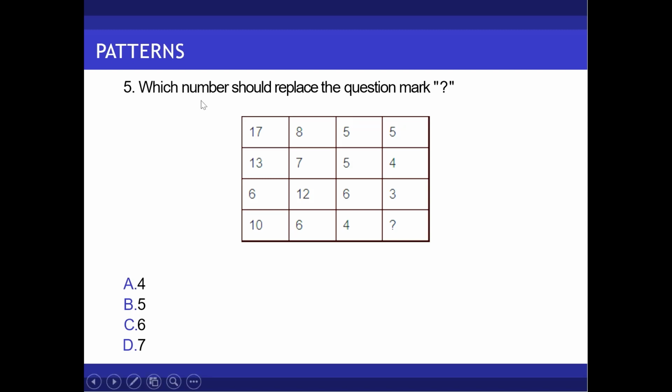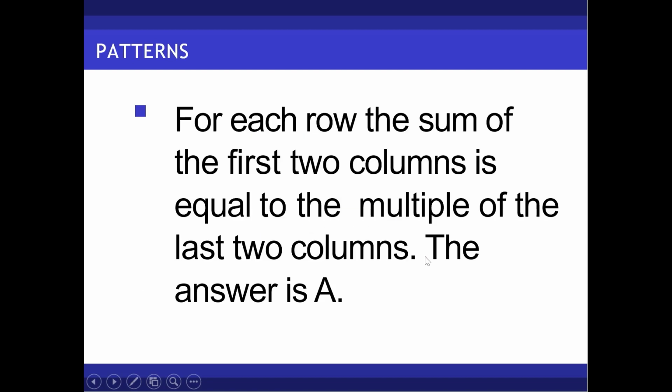Next, which number should replace the question mark? Do you observe the pattern? Okay. For each row, the sum of the first two columns is equal to the product of the last two columns.